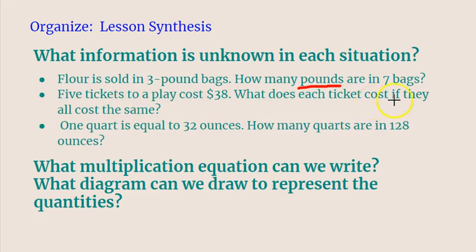What does each ticket cost if they all cost the same? What's this look like? Well, we got our 5 tickets times some price gives us the $38.